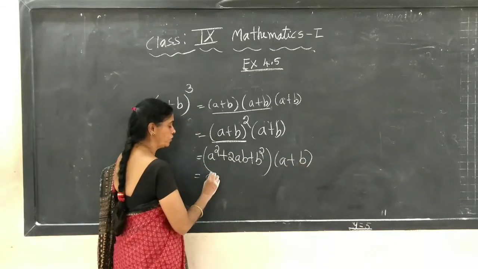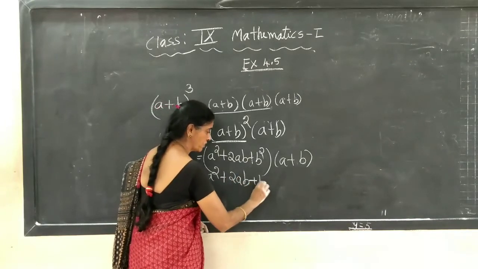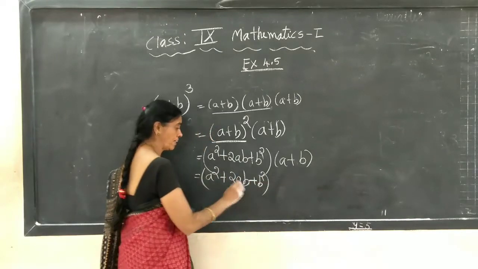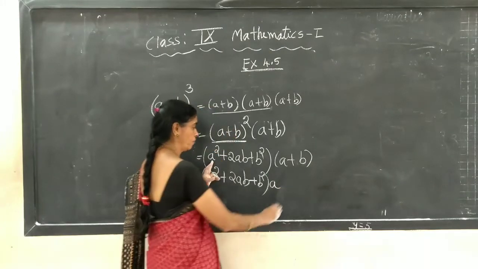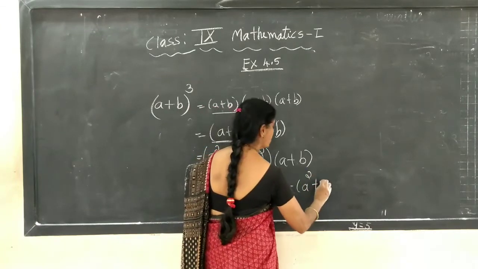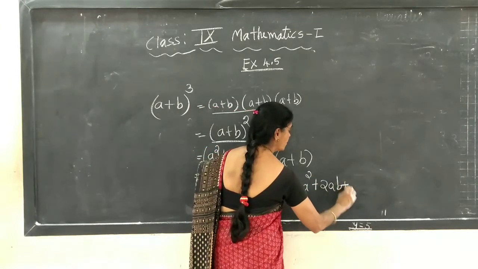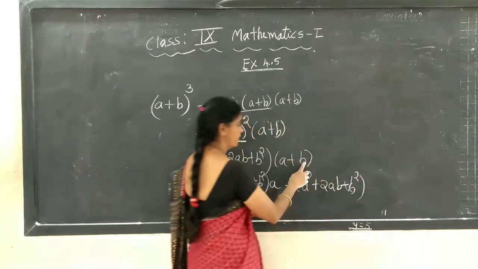So what we will do is a square plus 2ab plus b square. This first multiply by a, then plus the same trinomial. Next you have to multiply by which one? By the term b.